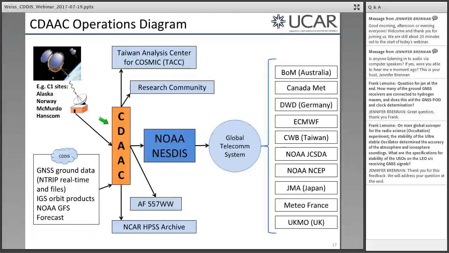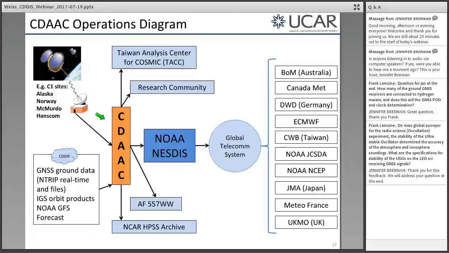We use IGS, International GNSS Service, orbit and clock products, and some other things from, for example, the NOAA Global Forecast System, and various other things that are needed, metadata, and so on. And then we do the processing, and we come out with profiles of bending angles and refractivity, as well as the retrieved temperature, pressure, and water vapor, and provide them to different users.